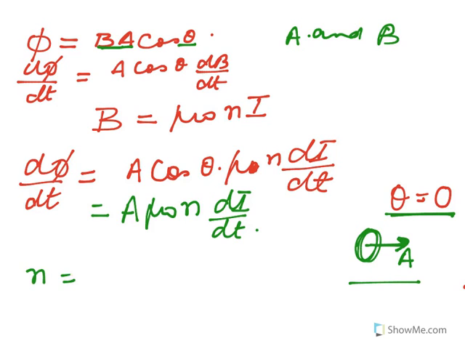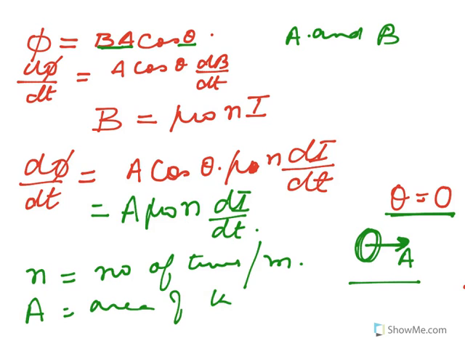N is the number of turns per meter. A is the area of the loop, and mu naught is the permeability constant, which is given as 4 pi into 10 to the power minus 7.